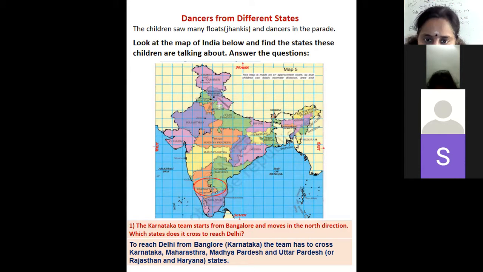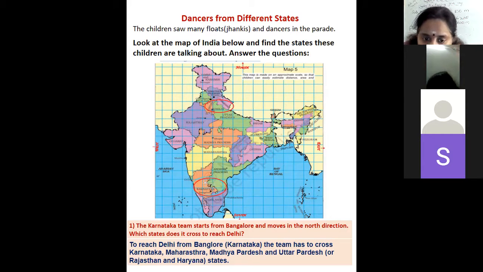Check it on this map. Which states does it cross to reach Delhi? Where is Delhi? Here it is, ma'am. Uttar Pradesh, yes.